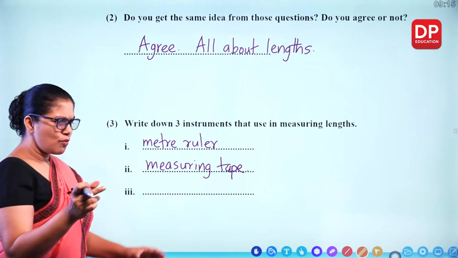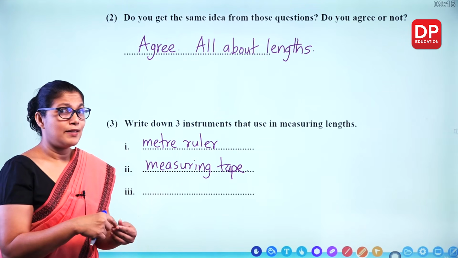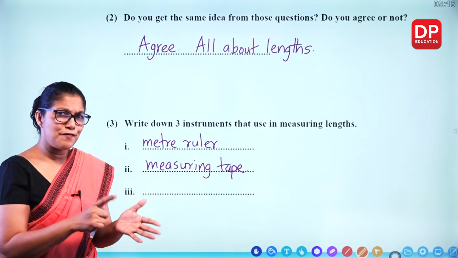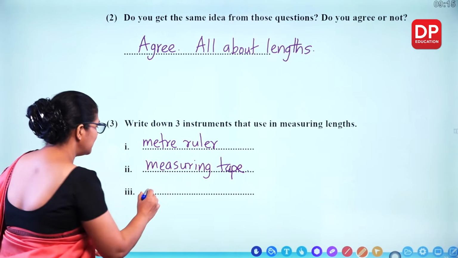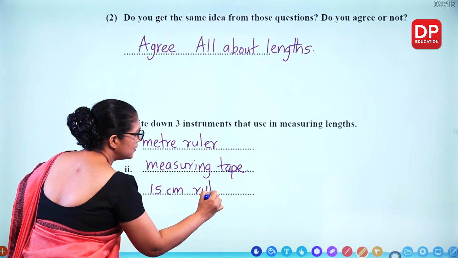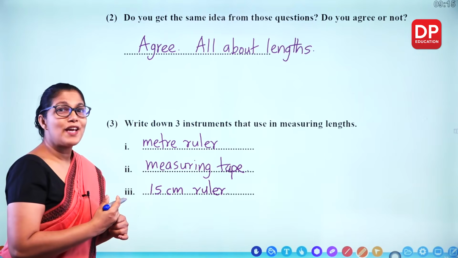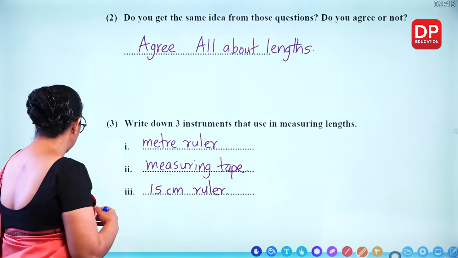And when you want to measure a small thing, you can use your ruler in the geometry set, 15 centimeter ruler. So those instruments we can use to measure lengths.